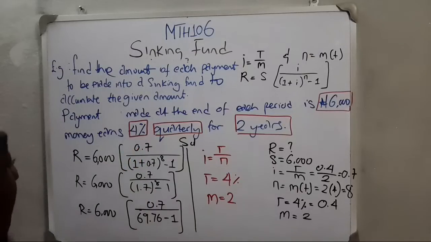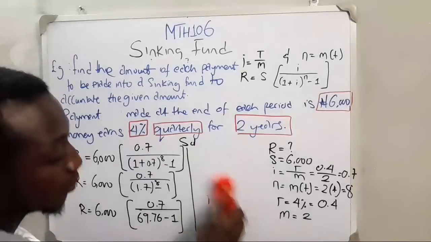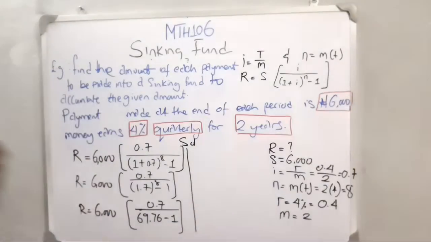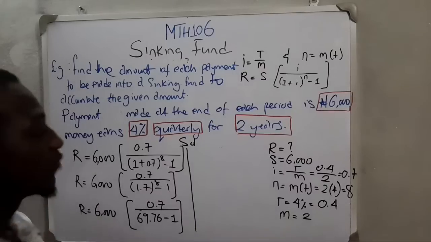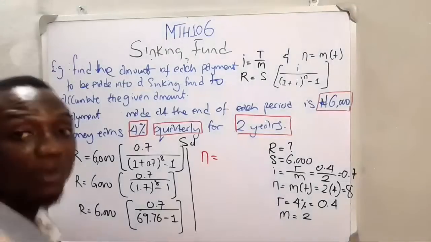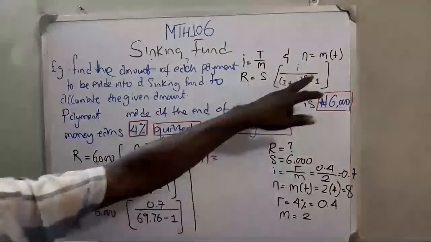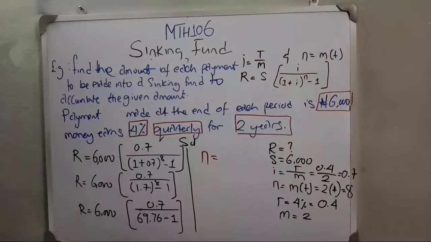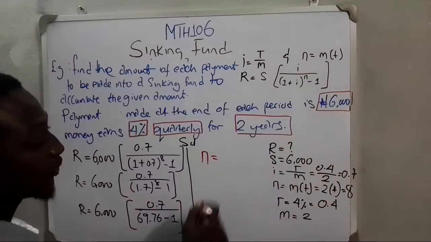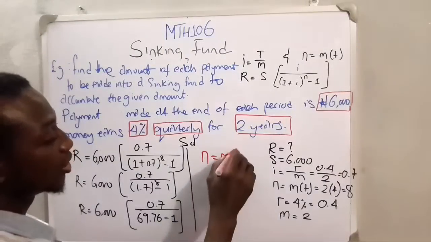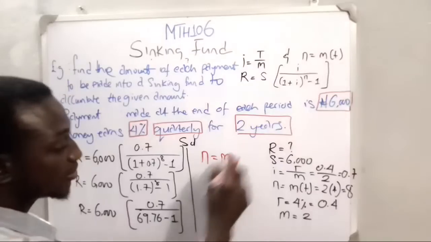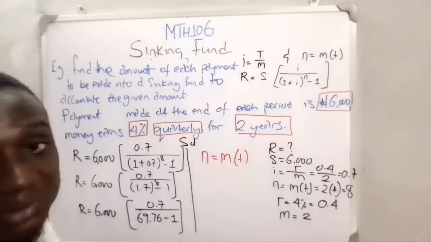And for M, we have that as that. Now, for us to get N in the formula, how do we get it? N equals the number of years multiplied by the period.